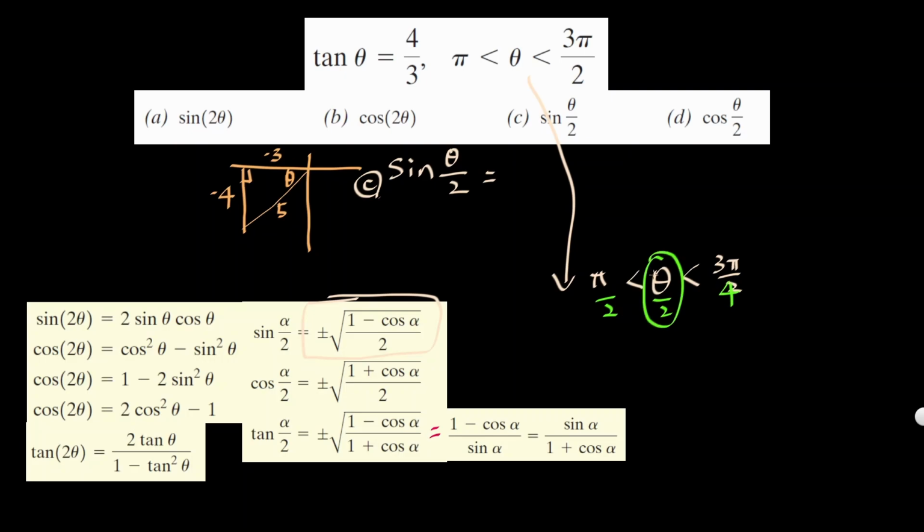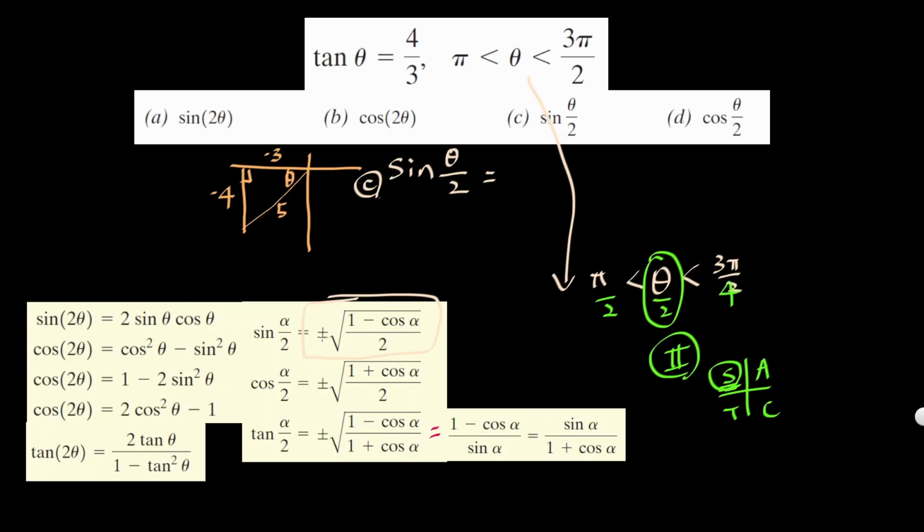Where's theta over 2 now? It's greater than pi over 2, which is 90 degrees, and less than 3 pi over 4. So it's less than pi. So it's going to be the second quadrant, right? In the second quadrant, sine of anything is going to be positive. Remember, all students take calculus, second quadrant: sine as well as cosecant, because that's 1 over sine, is going to be positive.